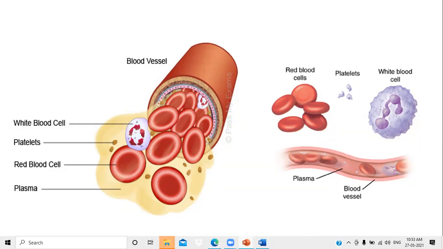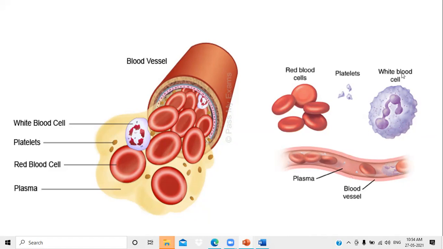The red blood cells are designed to carry the oxygen around, and this is why it looks like a round pillow, with a depressed part in the middle so that it can carry the oxygen on it. So the red blood cells are responsible for carrying around the oxygen.